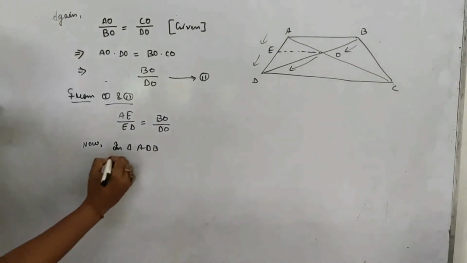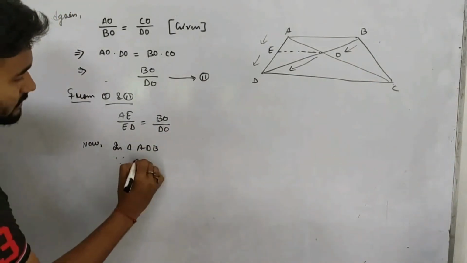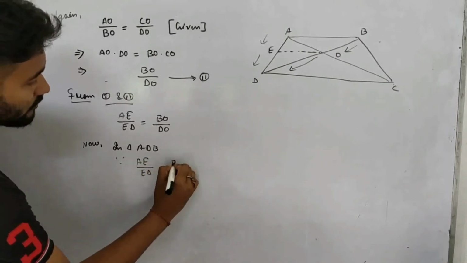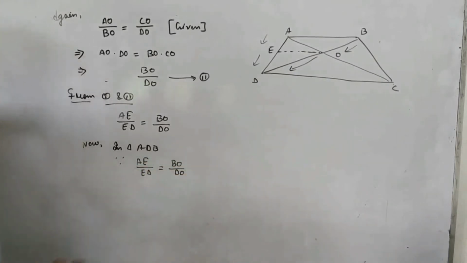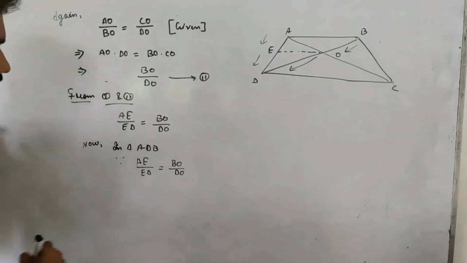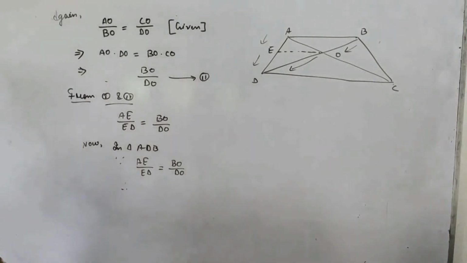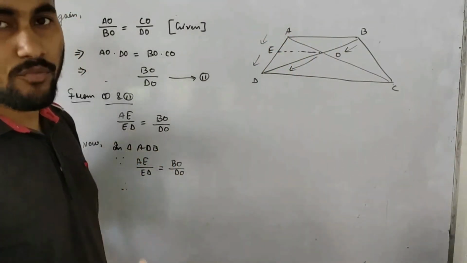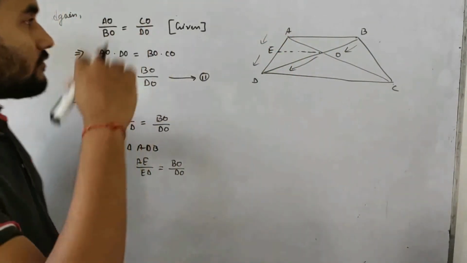So in triangle ABD, since AE by ED is equal to BO by DO, what can we say? Therefore, these two will be parallel. If it is proportional, then it is parallel, converse of Thales theorem.